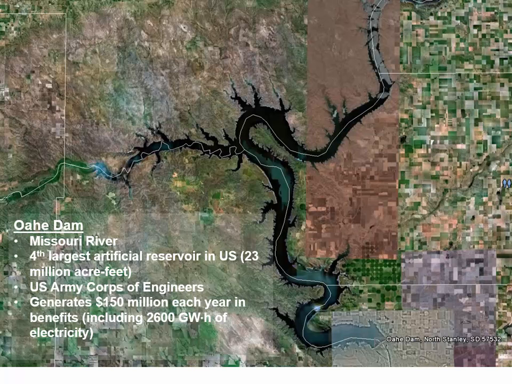All right. Let me dim the lights a little bit so you can see this picture. This is the Oahe Dam. The dam's at the bottom, and the Oahe Reservoir is upstream of it. And this is on the border of North and South Dakota.